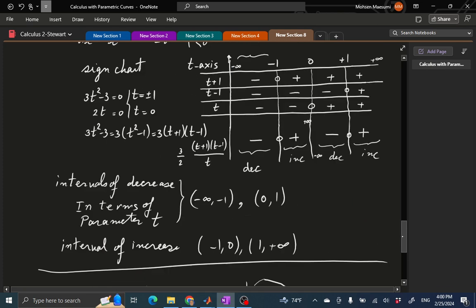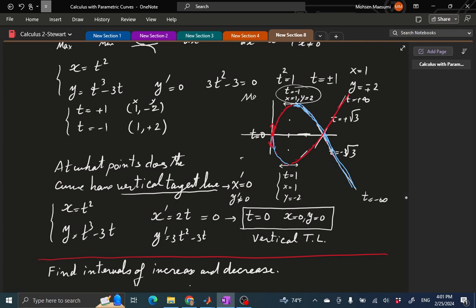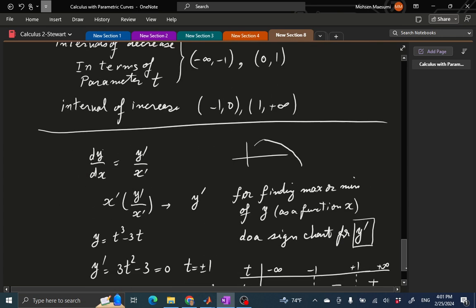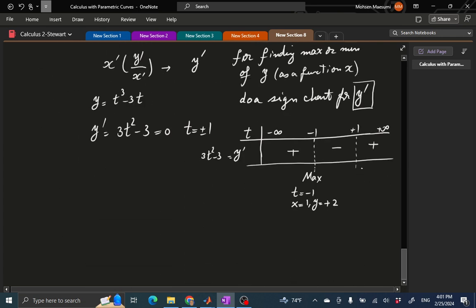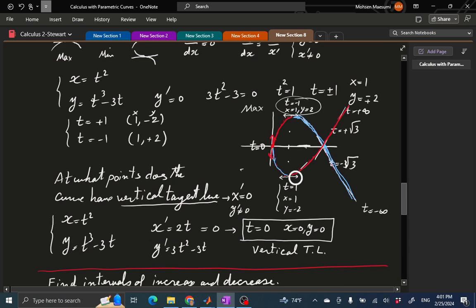That agrees with what we had before. At t equal to minus 1, x is 1, y is 2. So our guess was correct, that this is a maximum point, and the minimum point at t equal to plus 1, x is again 1, but y is minus 2, and that is our point down here.